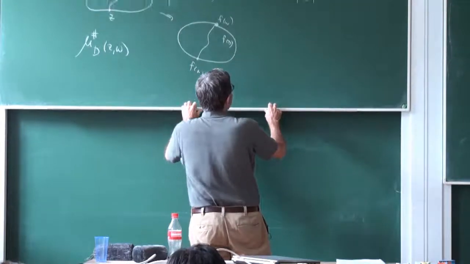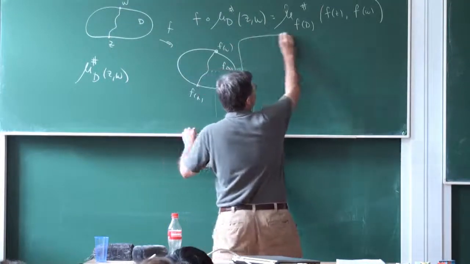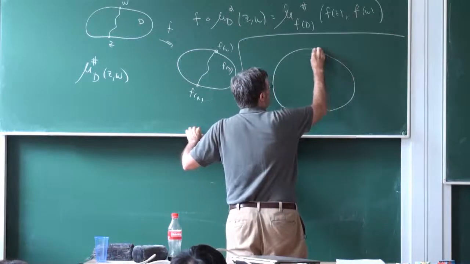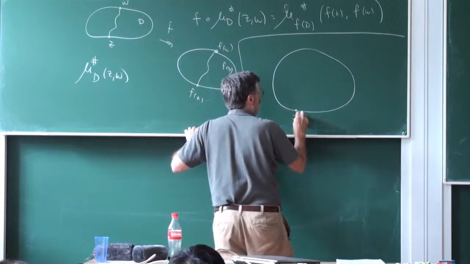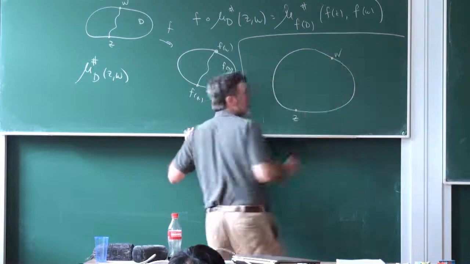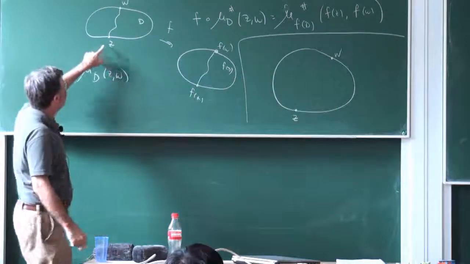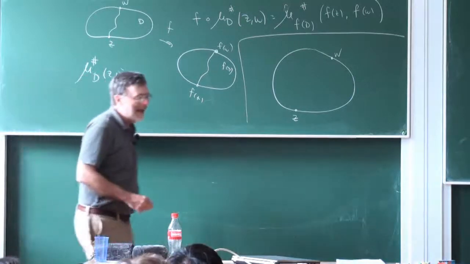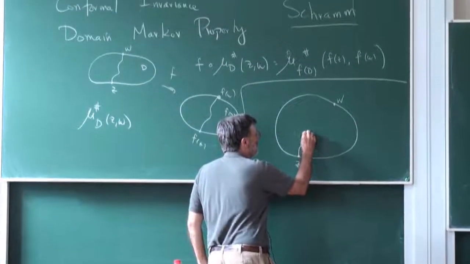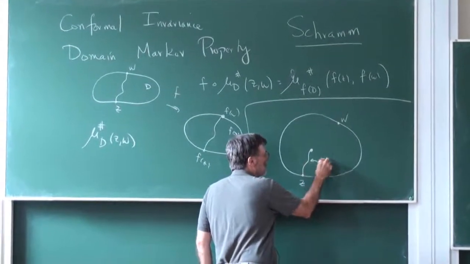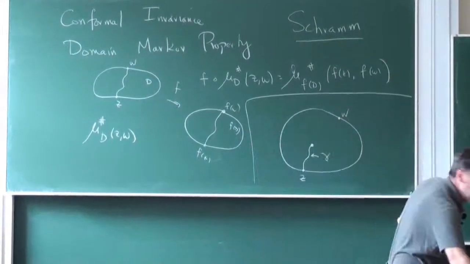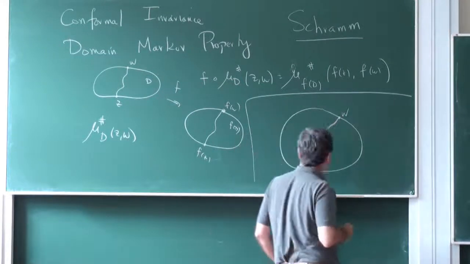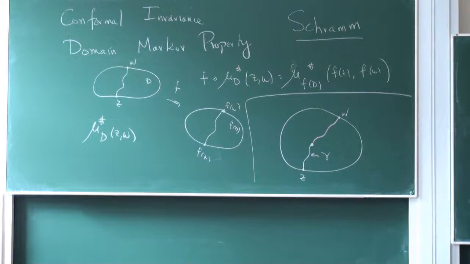And the domain Markov property, I talked about it yesterday, but I'll draw it in a picture here. Suppose I'm interested in this measure, and I see some initial segment, which I'll call gamma, and I'm interested in the distribution of the remainder given that.